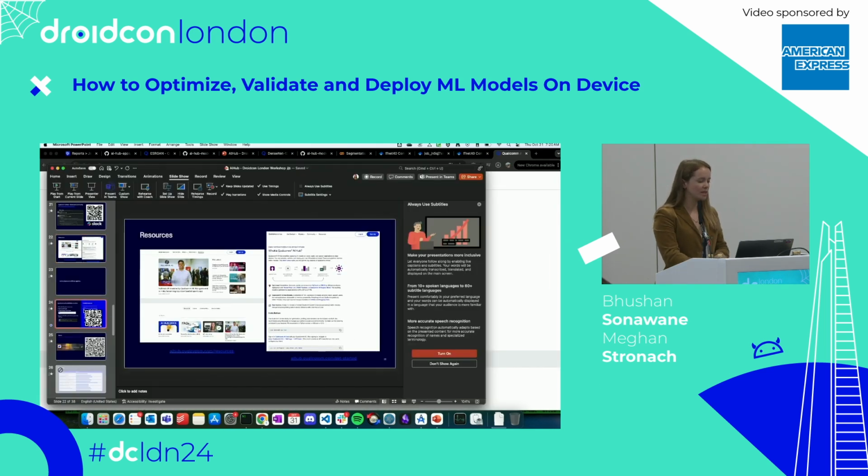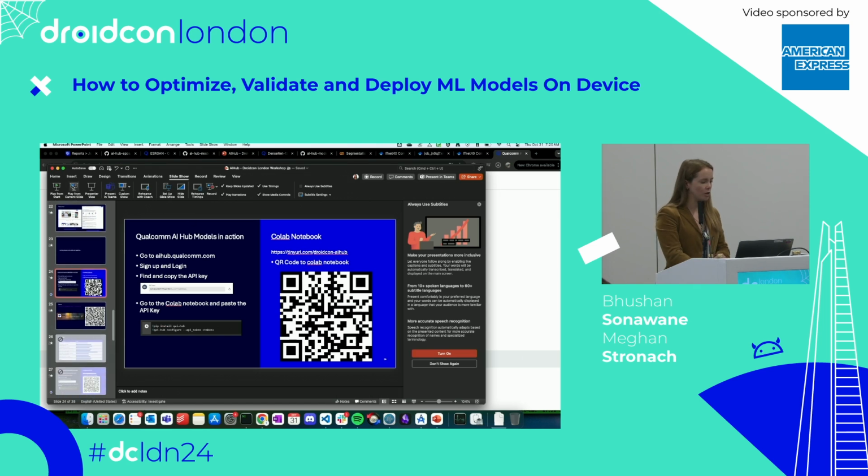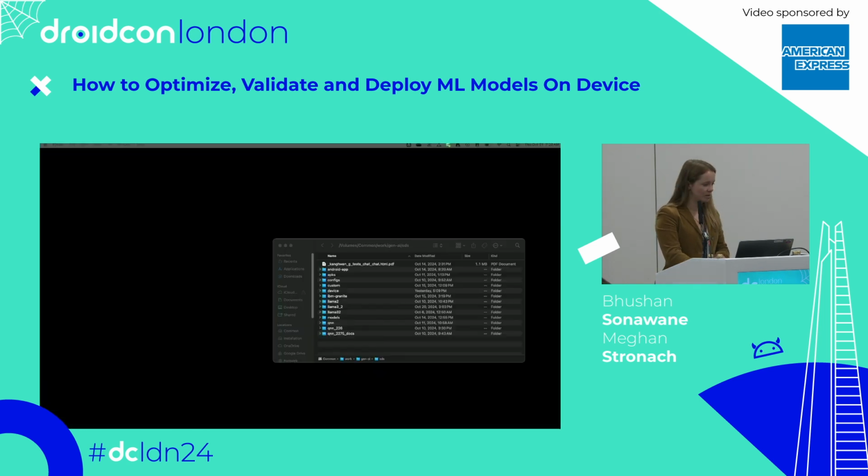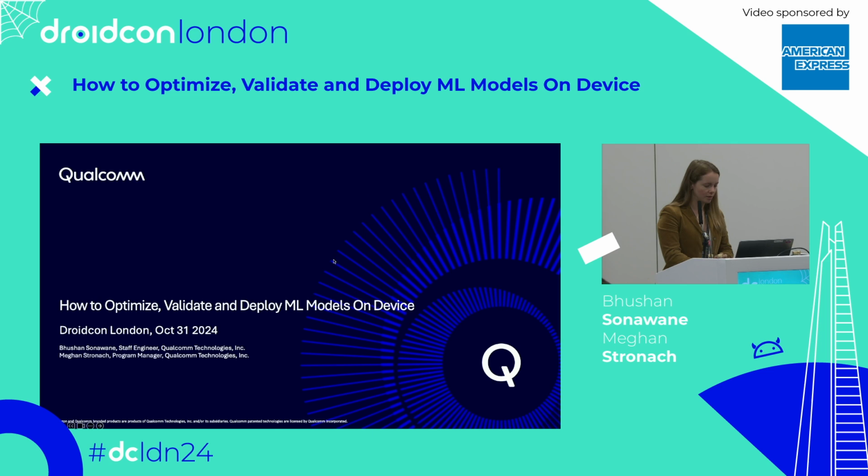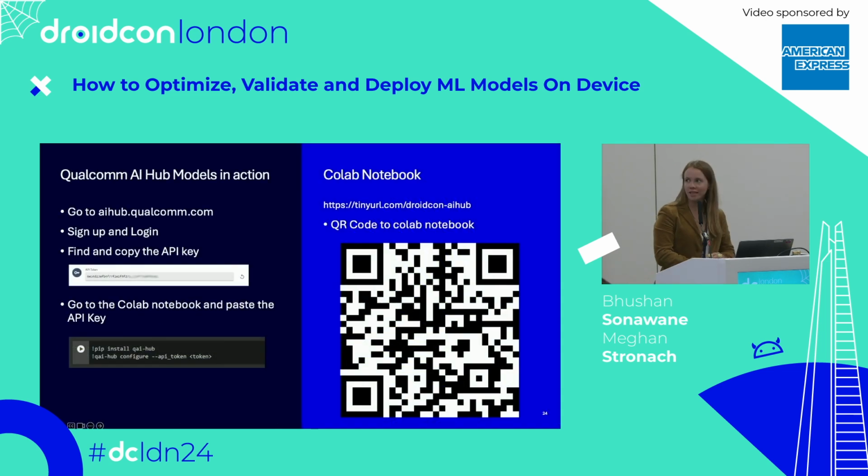And then in the meantime, we have the QR code here, and I will just make this nice and big for all of you and go to that slide so that you can check it out if you'd like to. That'll link to the Colab notebook, which helps you get started. And if you don't have your computer today, that's quite okay. We also have the exact same instructions on our Get Started page on aihub.qualcomm.com.